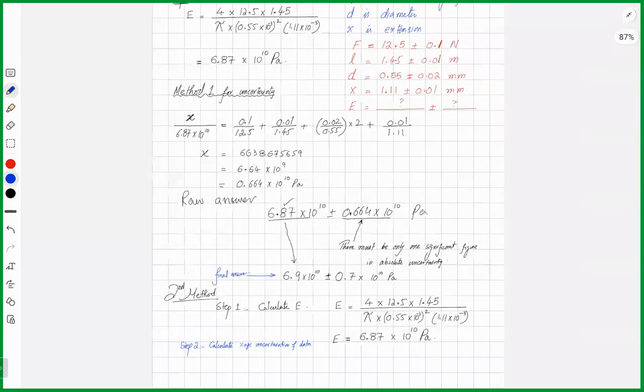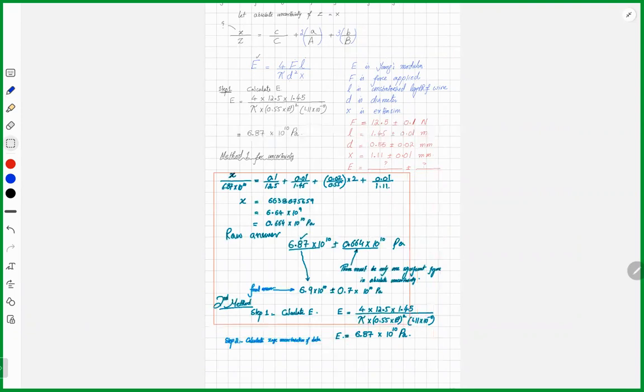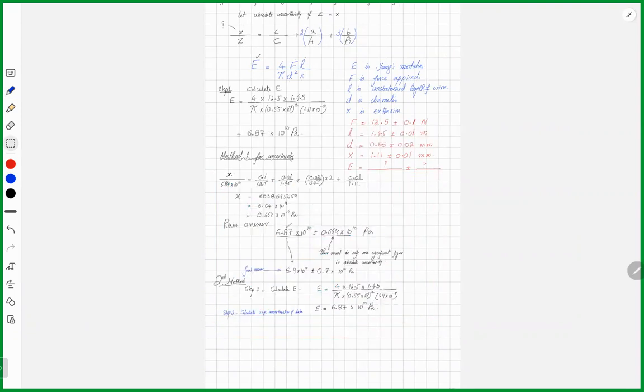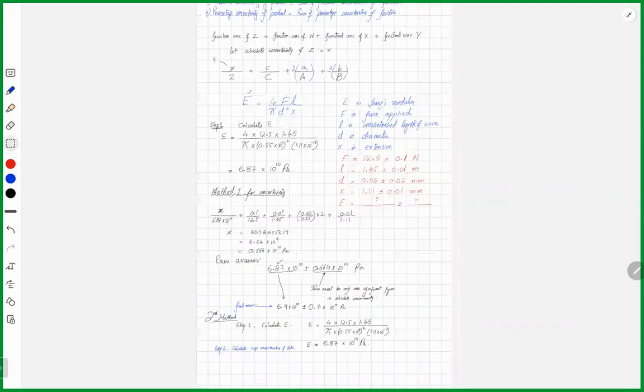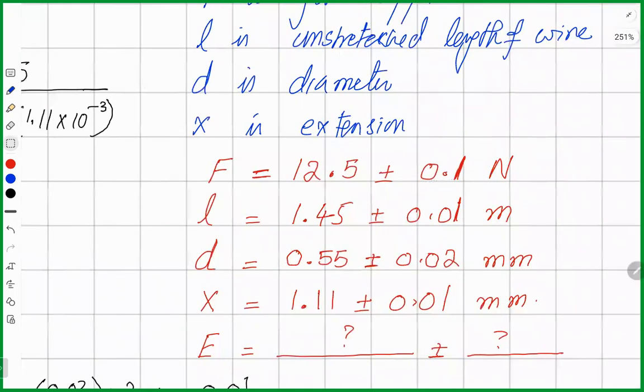The examiner will choose it for you. So do not think that if you understand one method, you don't need to pay attention now. So what is the second step? You need to find individual percentage uncertainties.